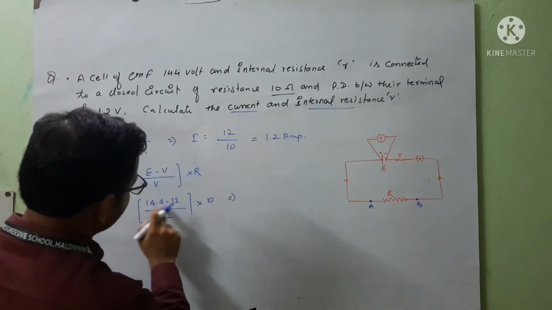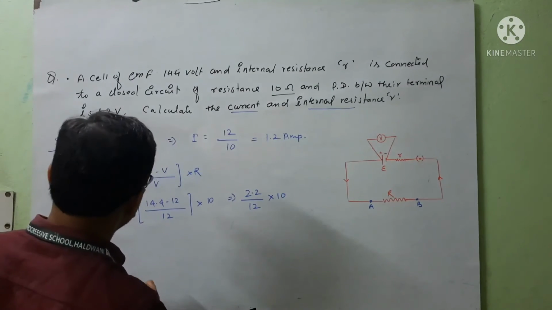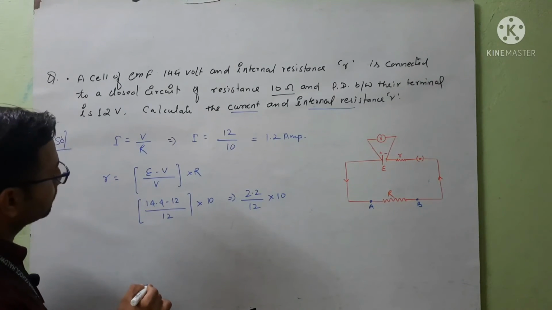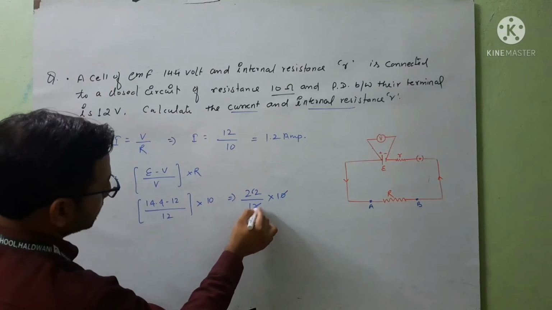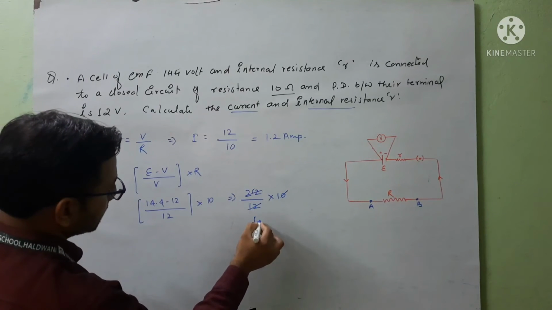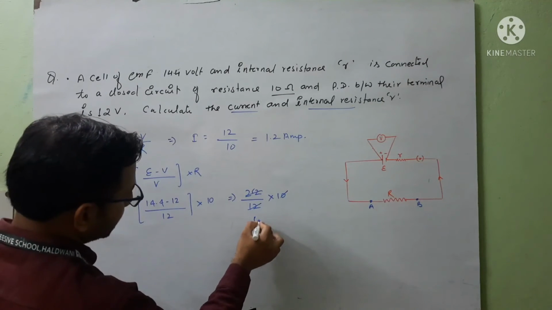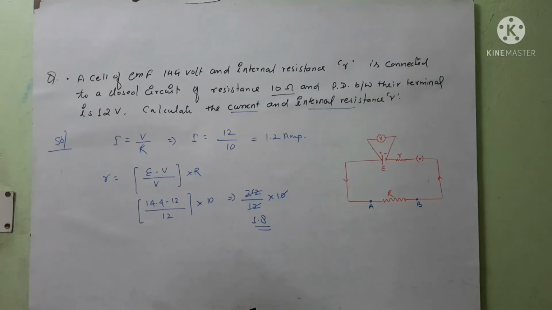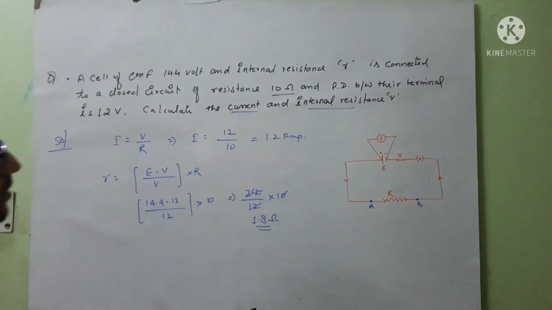This equals 2.4 upon 12 into 10. So 12 cancels out, and we get 1.8 ohm. So the internal resistance value is 1.8 ohm. Got it?